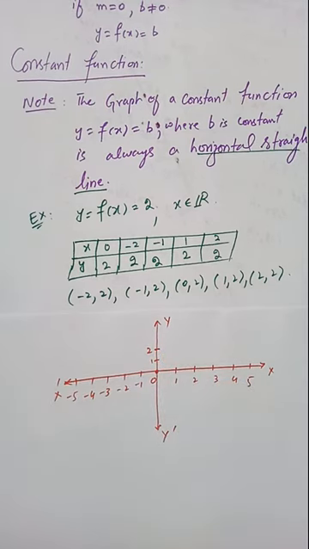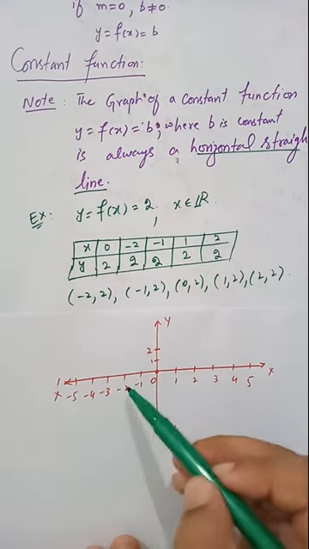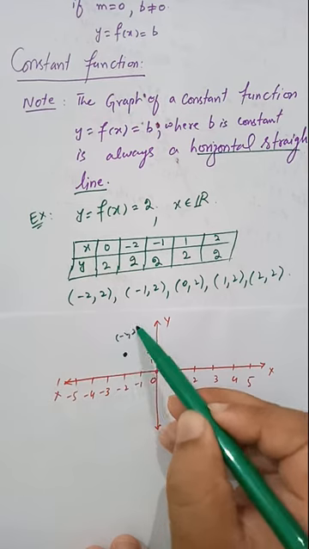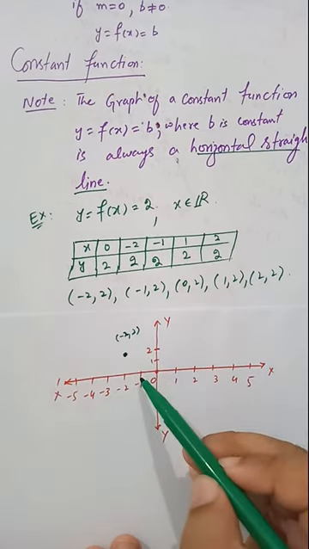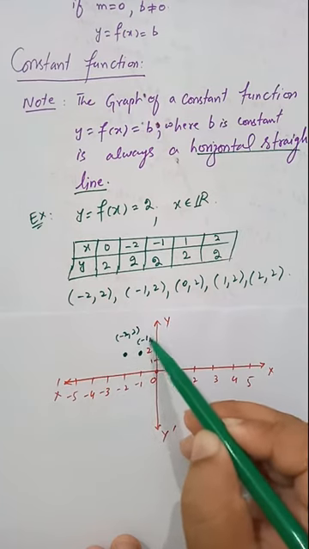Now when you put -2, you will get 2. So this is the point (-2, 2). When you put -1, you will get also 2. So this is the point (-1, 2).